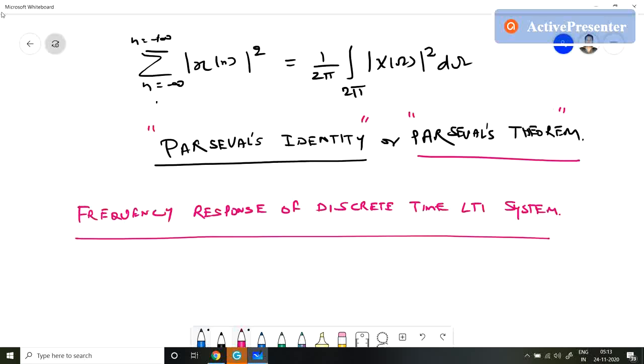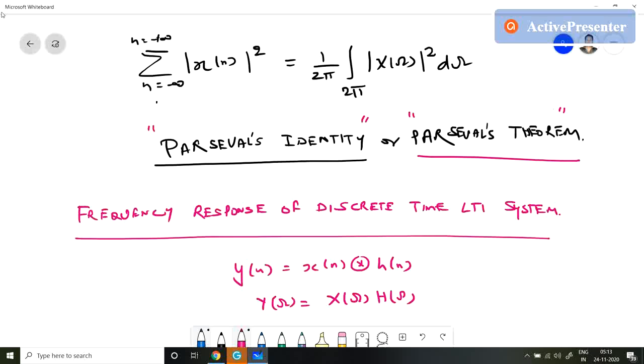So if y[n] is the output of the discrete time system, then, as we have defined, it is related to x[n] convolved with h[n]. Taking the Fourier transform on both sides, Y(Ω) is equal to X(Ω) multiplied by H(Ω).